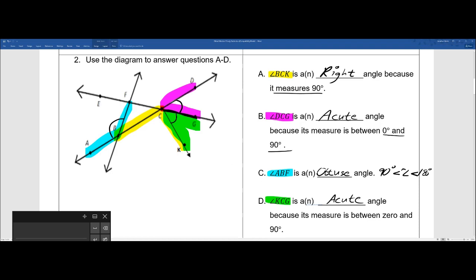You can also probably try to figure out other angles. Remember, BCK was 90, so chances are KCD will also be 90, because if you notice, BCD is 180. And 180 is comprised of two 90s. So that's something to also note.